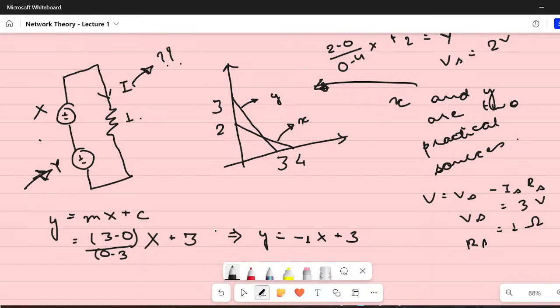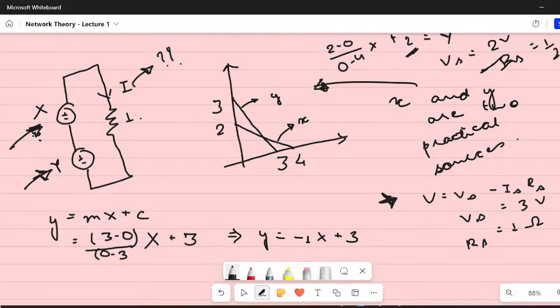And if we compare again with the fundamental equation of a practical voltage source, we get Vs to be 2, and your Rs would be 1 by 2, that is 0.5 ohm. So this gives us the internal resistance of this network, right?